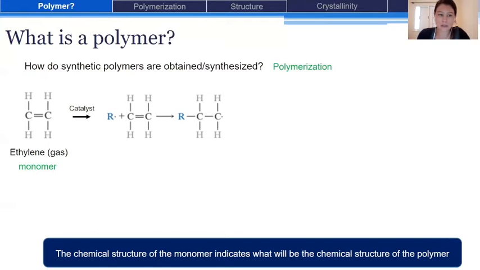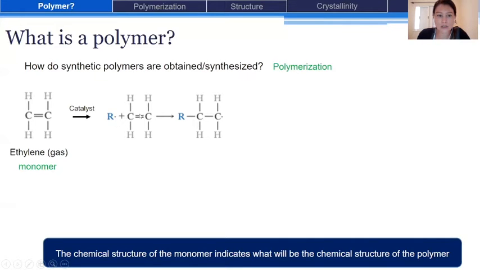In the case of ethylene, we will use a catalyst, and this catalyst is represented by this letter R. You may see this little dot at the side of R, which is in fact an electron. So here we have a radical. This radical is very reactive, and it will react with this monomer of ethylene.